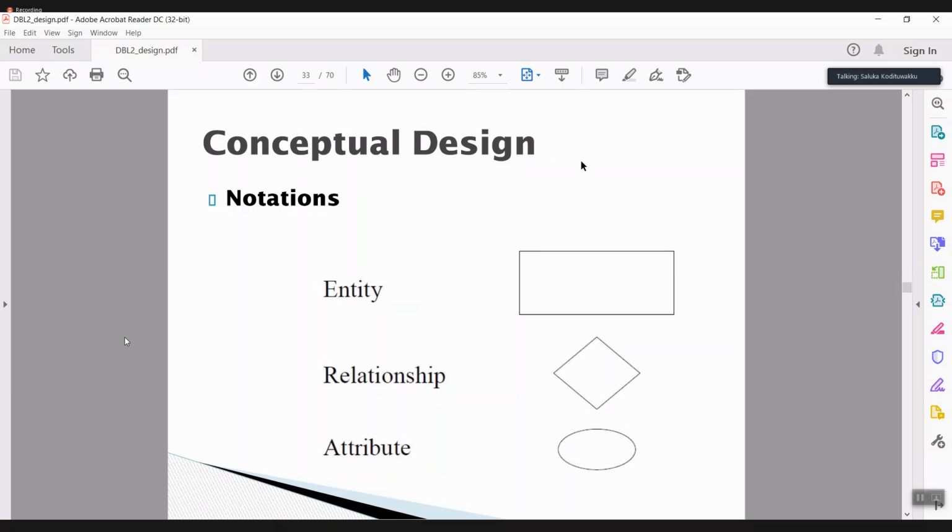For that we need a language known as a modeling language. This modeling language is a collection of symbols. And in order to draw the diagram, we also need a process, but the modeling language does not provide the process part.